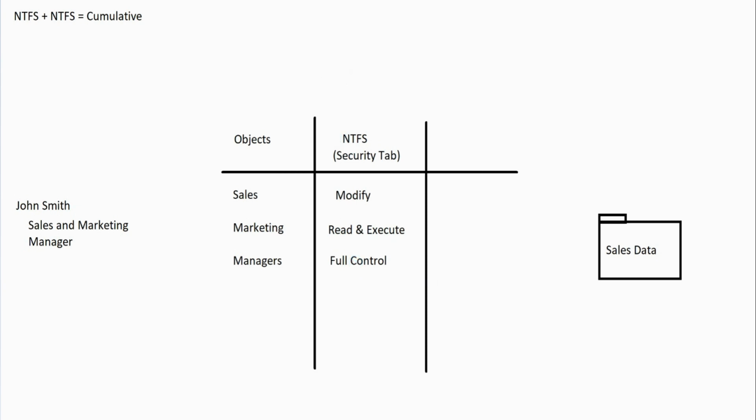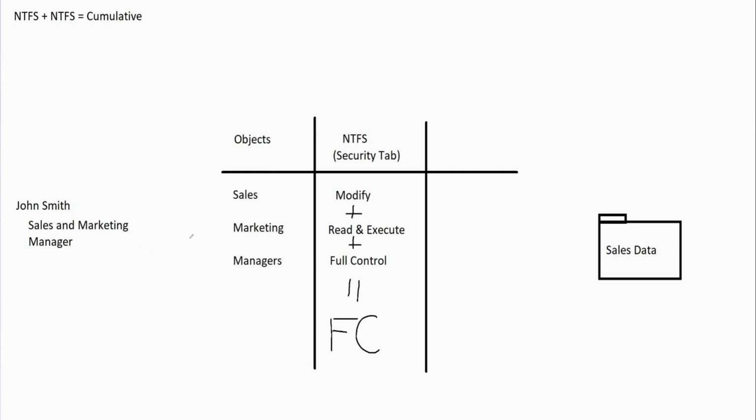If you think about it like this, the sales group has modify, plus read and execute, plus full control, equals, well, you get all of that. But technically, you could just say full control because full control has everything. So John Smith's effective permissions would be full control. Let's use a dumb analogy. Say you're talking about fruit.